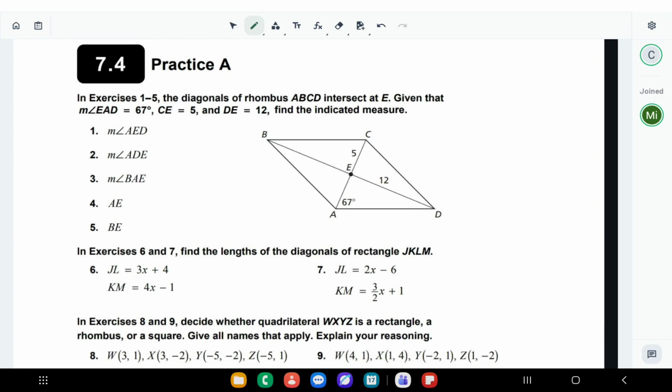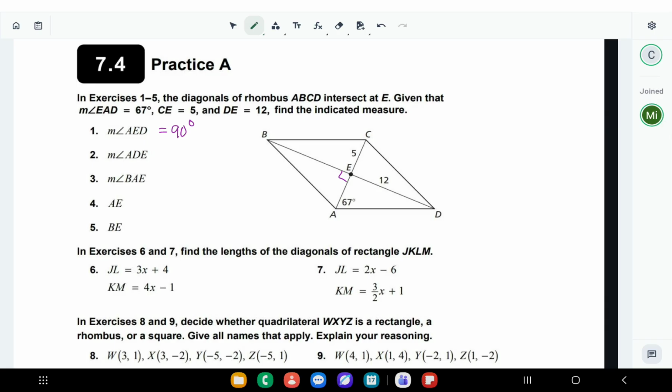Properties of a rhombus: perpendicular, bisect each other, bisect vertex angles, they're diagonals. So angle AED is equal to 90 degrees. The reason is the diagonals of a rhombus are perpendicular and they form 90 degrees.